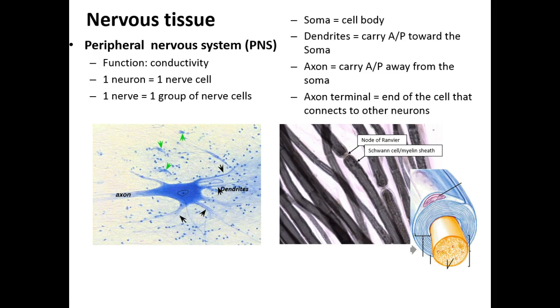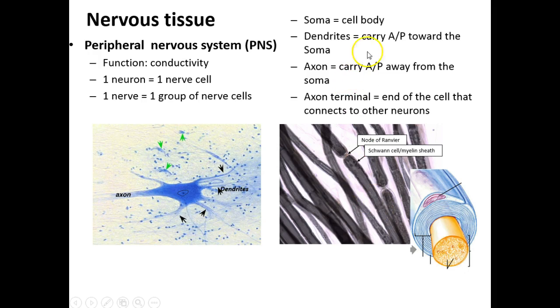I believe ours are going to be pinker in color. But right here, those are the gaps called the nodes of Ranvier, where you have an action potential that is conducted at each node of Ranvier and skips to the next one. So it's saltatorial conduction, leapfrogging, and the myelin sheath is composed of Schwann cells that are wrapping around that axon, essentially.